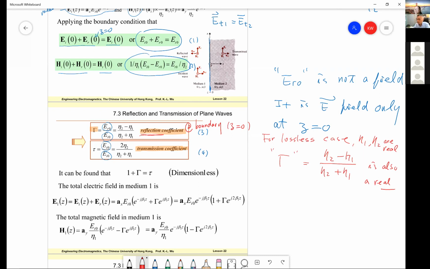So this is what I'd like to discuss. This is the first thing: I said the reflection coefficient is on the boundary, this value, right? The second, this is real, okay? The third thing, we call discussion.